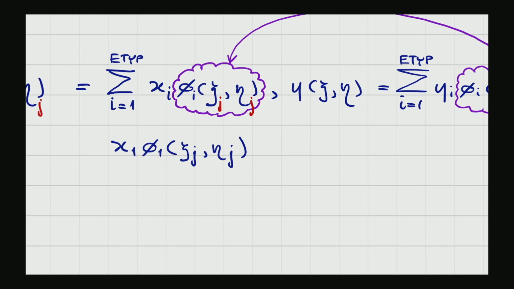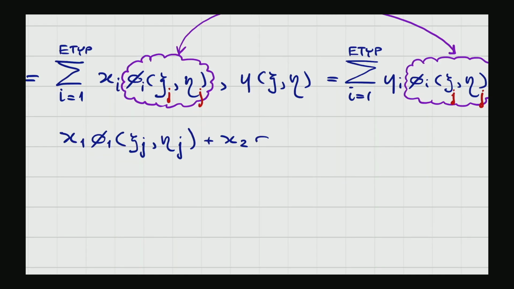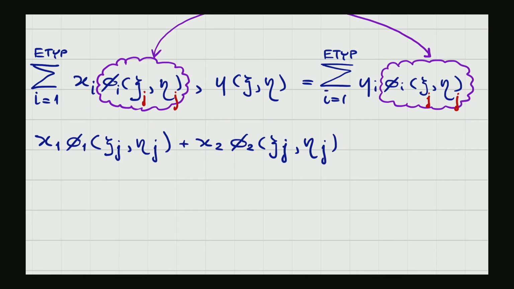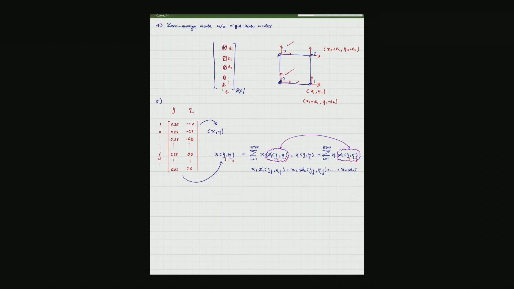So you just go and look up the shape function, plus x coordinate of node number 2 multiplied by shape function number 2 at C j and eta j, up to x n phi n, that thing.